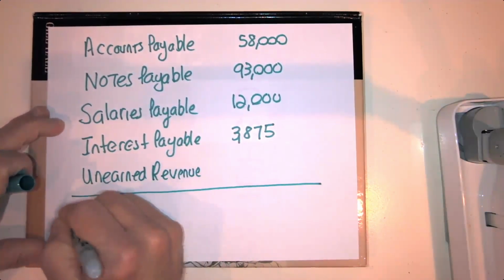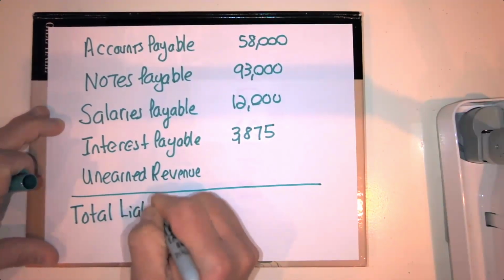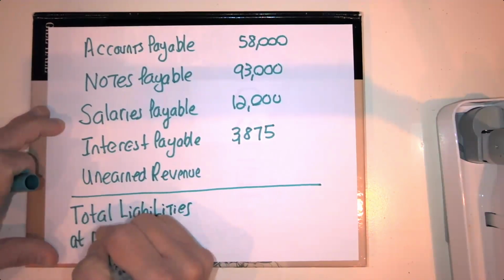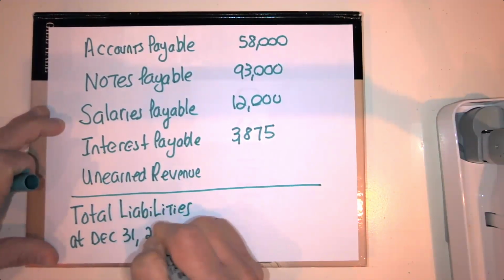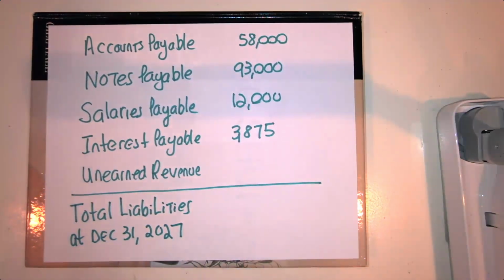Once we do that, we'll be able to come up with our total liabilities at December 31, 2027. Good job, Nick.